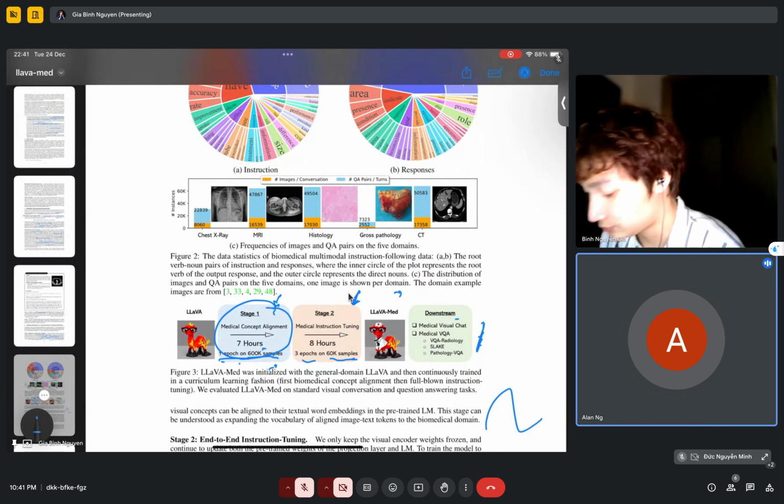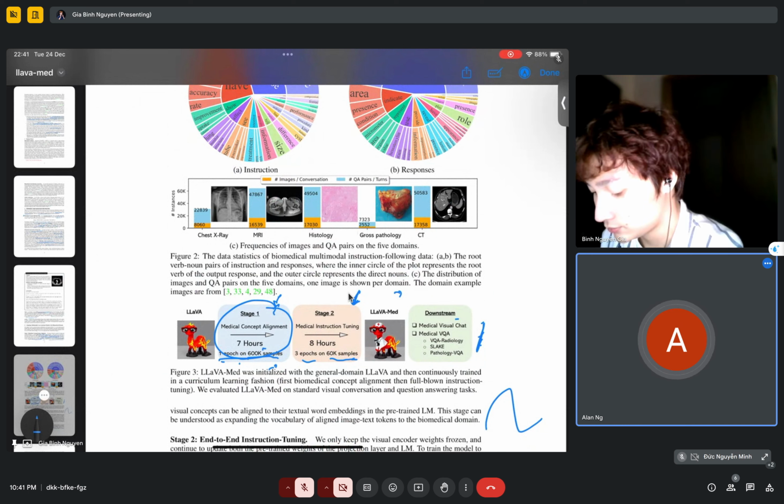I want to know more about how they merge the tokens.